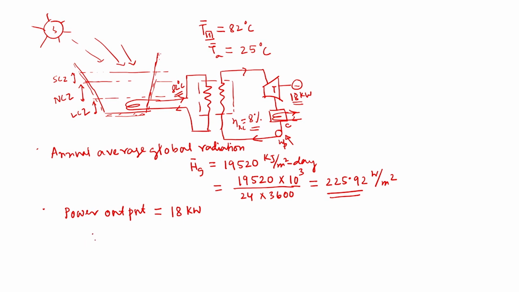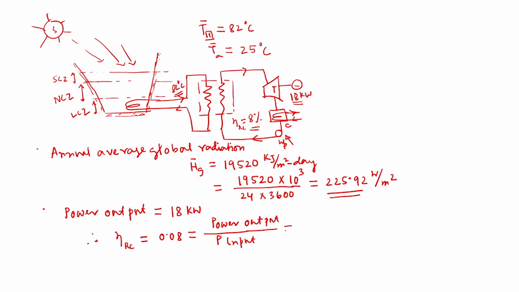So, eta RC which is equal to 0.08, which is equal to, this is power output to the input energy. Okay. So, input energy or power input, or I will write P input, right. So, this is nothing but Q load or annual average heat extraction.